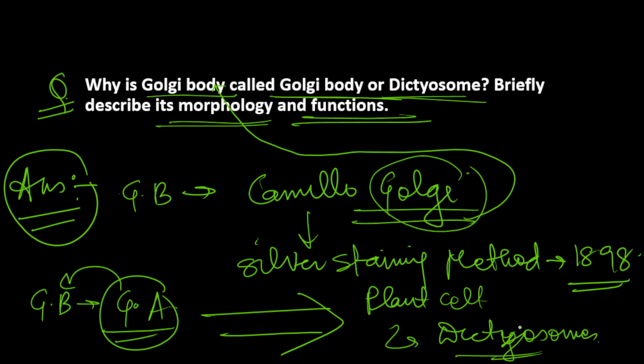So in animal cells it is known as Golgi body, and generally in plant cells we refer to it as dictyosome. These are the two things you should know to answer the first part of the question. Now the second part of the question is to briefly describe its morphology and functions.